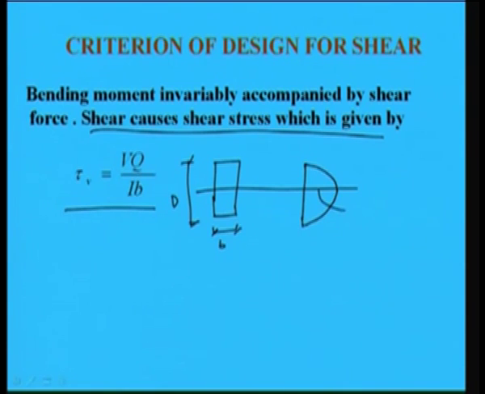This is the maximum, tau max, which is developing, and in this line the shear stress will develop this one, which is called say tau v, right. Tau v is the developed shear stress, and average shear stress can be found from here.